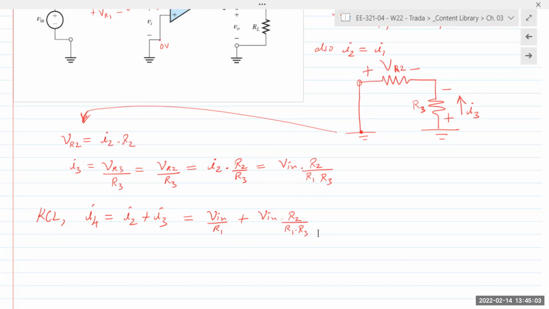After that point, it's just straight application of Ohm's law, KCL, KVL. So now we have V in times 1 over R1 plus R2 over R1 times R3. That is our value for I4.